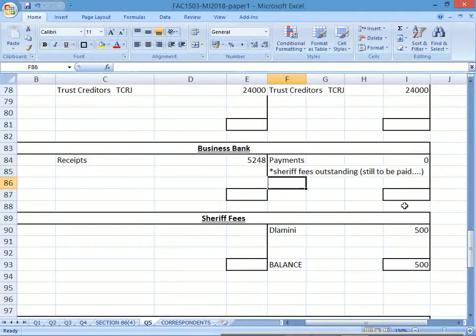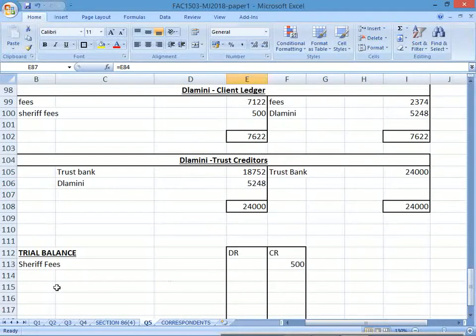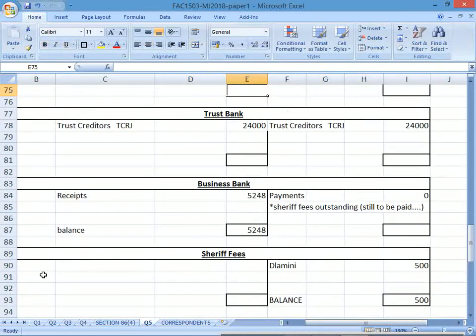The business bank. Okay, the business bank will have a total there. That'll be the balance. Okay, there were no payments here. So 5248 business bank. Let's go up. Anything else with the balance?